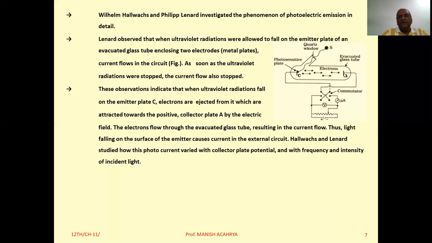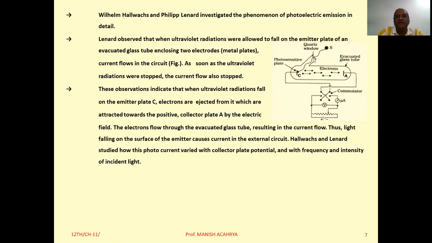Across these two plates, a battery is connected through a rheostat and a microammeter, and parallel to it a voltmeter is connected. Here, when light is incident on the emitter plate, it passes through this quartz window and becomes monochromatic.